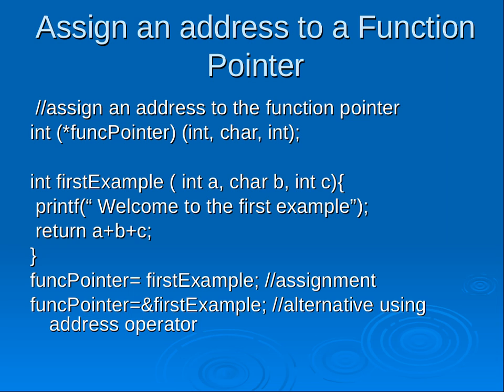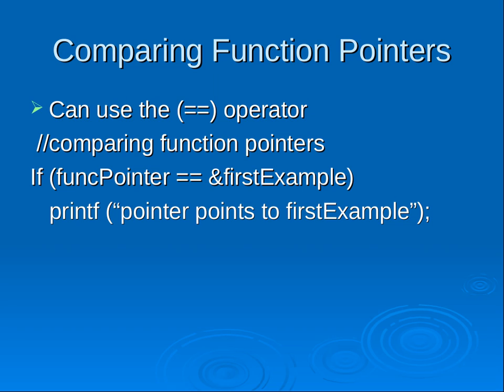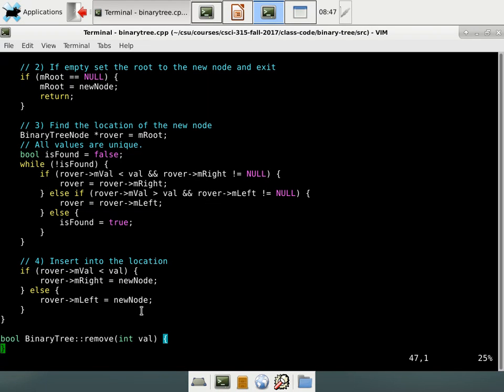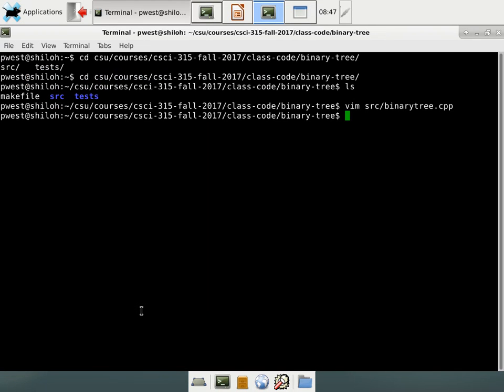But C will allow you to do the first one as well, even though it's really doing the second one. And that's just a shorthand for you. Naturally, you can use double equals, but that's comparing the memory address of the two. And let's stop there and start looking at code. All right.